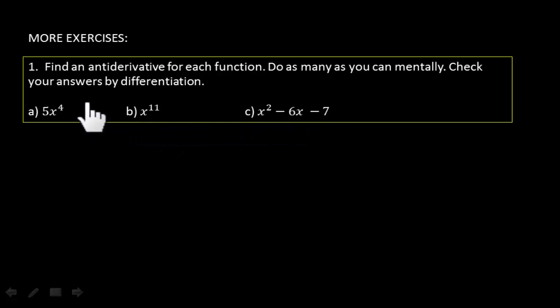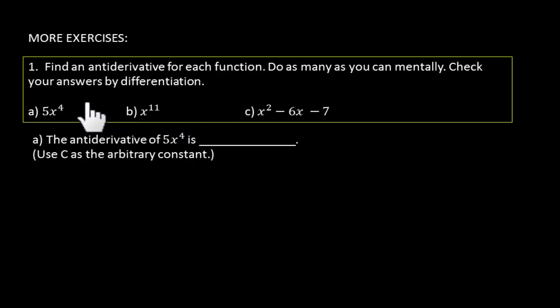So let's go ahead and work on letter A. The antiderivative of 5x to the fourth is, what do you think? Can you do it in your head? Right, so that's going to be 5 times x to the fourth.